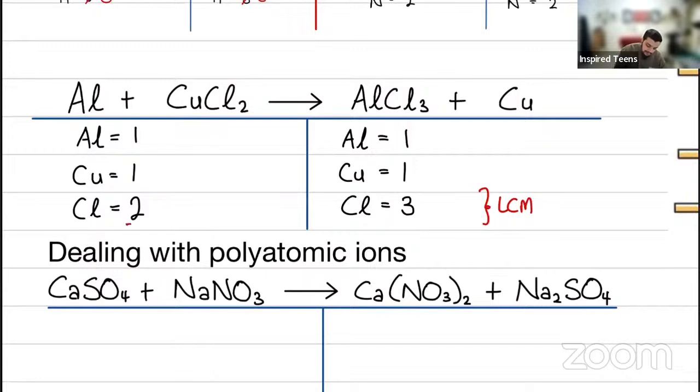So instead, what we can do is find the lowest common multiple. Multiply both of them by a certain number to get them to the same number, and that lowest common multiple is 6. So I can multiply 2 by 3, and I can multiply 3 by 2 to get me to 6. Okay, so that's also an option.